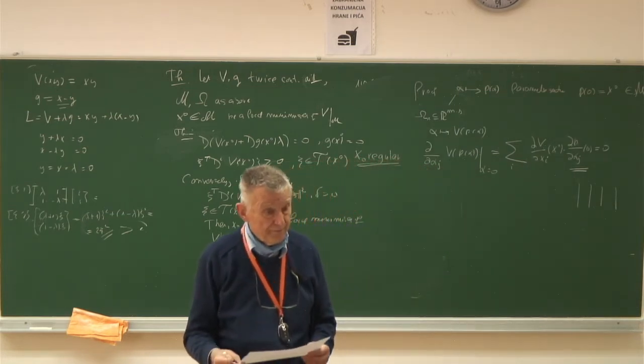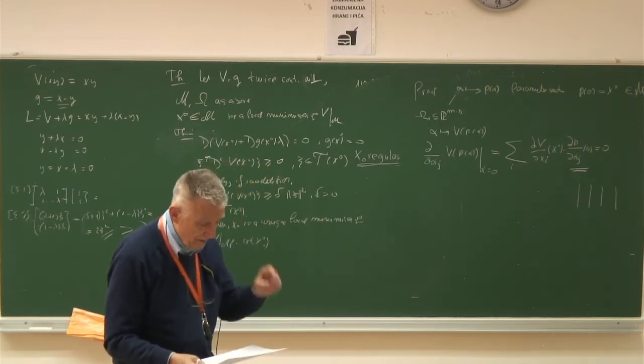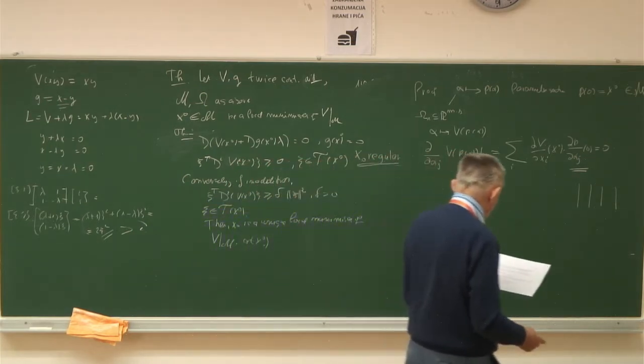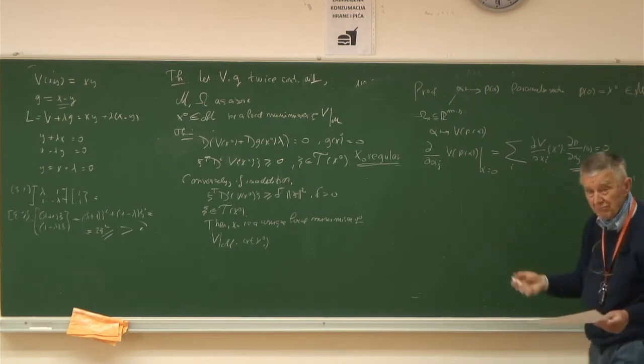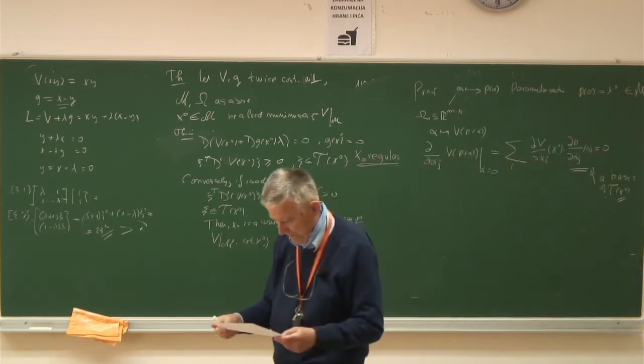A parameterization also has full rank. So those vectors are not only linearly independent, but they are a basis of the tangent space at x0. They span it, and they're linearly independent. They're the basis.